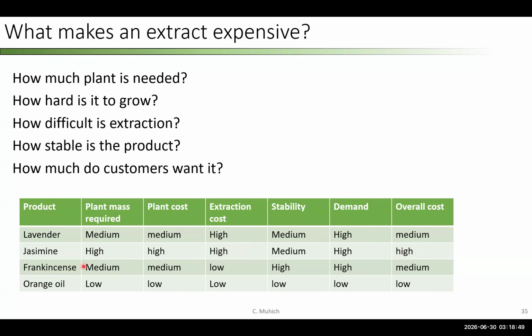Now let's go back to our other example of frankincense, which is a resin. Here, the plant mass required is medium. Unlike lavender, we're not cutting down the whole plant, and unlike jasmine, we don't get just one flowering a year, right? In frankincense, we can go out, make perforations in the plant, so wound the plant, and then collect multiple times.